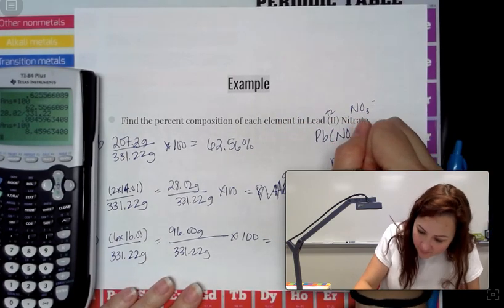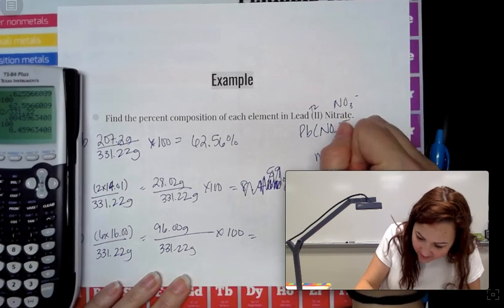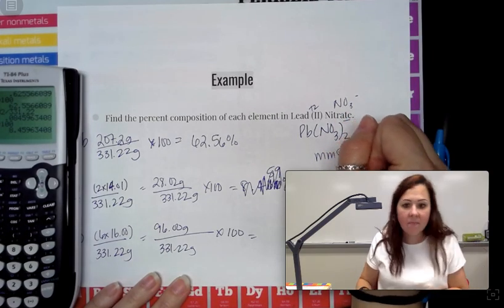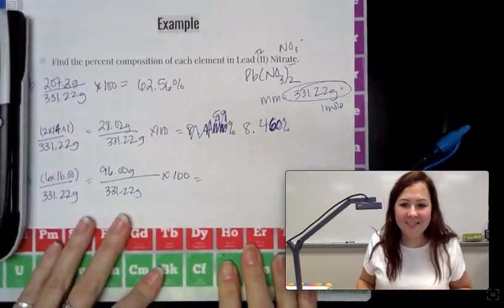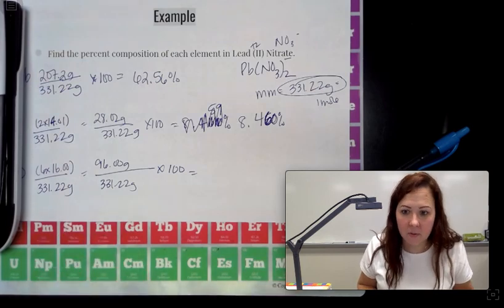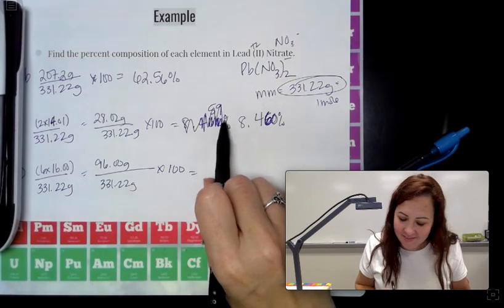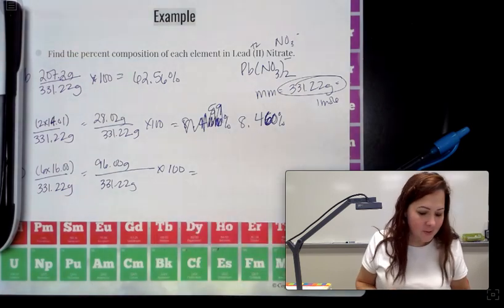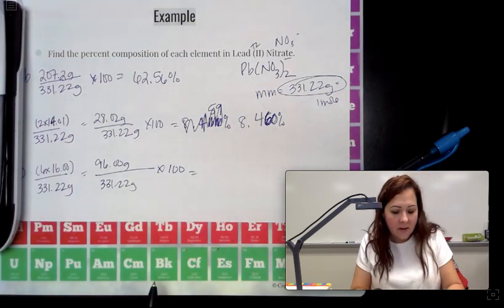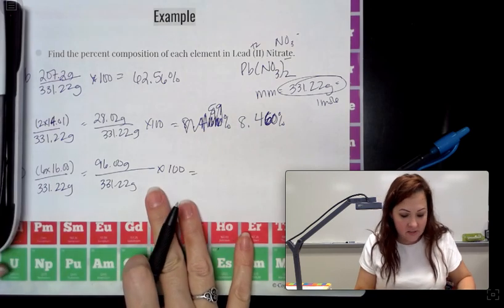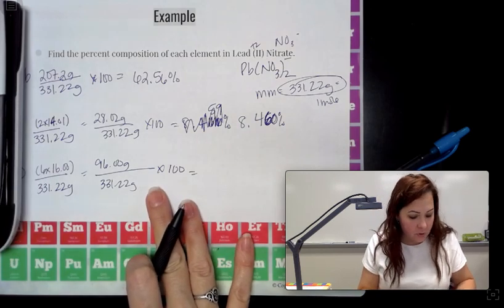I did it again. I had it right the first time. I'm sorry. 8.460%. Sorry, it's been a long day. I was thinking that there was a 9 next door to the other 9. So 8.460. Now the last one down here, we have 96 divided by 331.22.